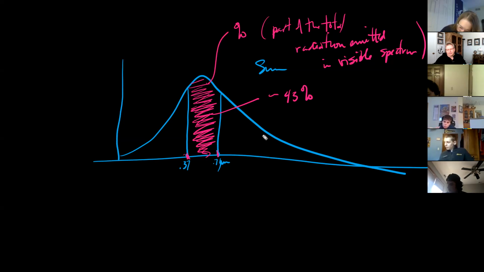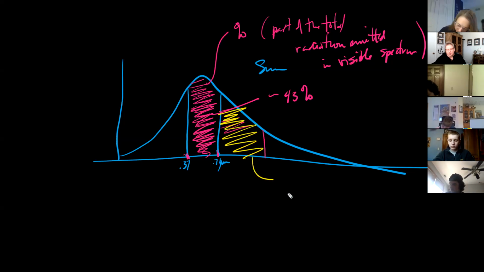What's the next one? The next one is over here. Let's use a different color. This is what we call near infrared. Near infrared is around 37%.